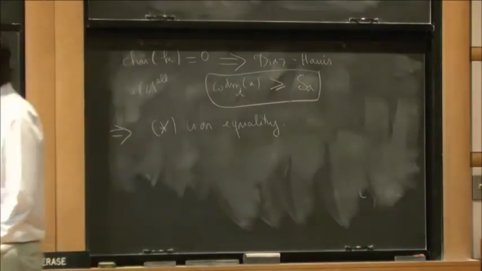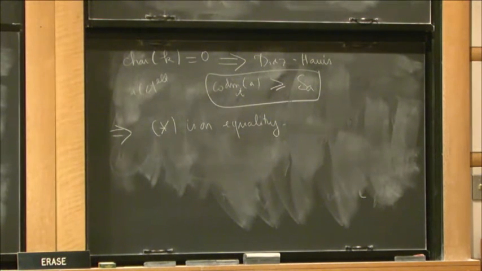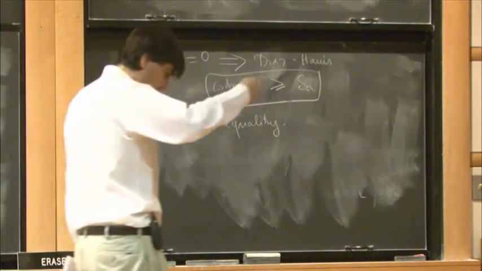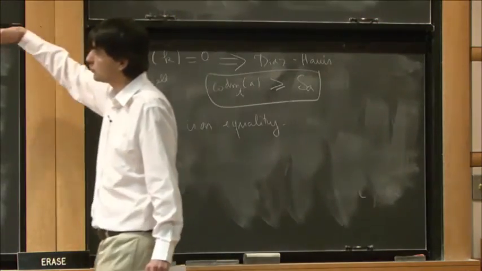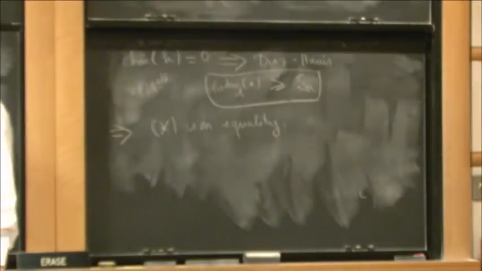But remember, where does this inequality come from? We look at a degree, and we say that a local system cannot appear in degree bigger than two times the dimension.